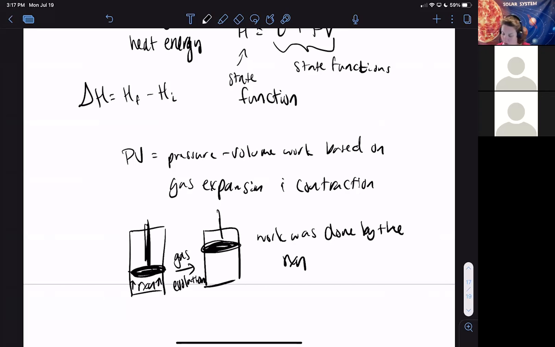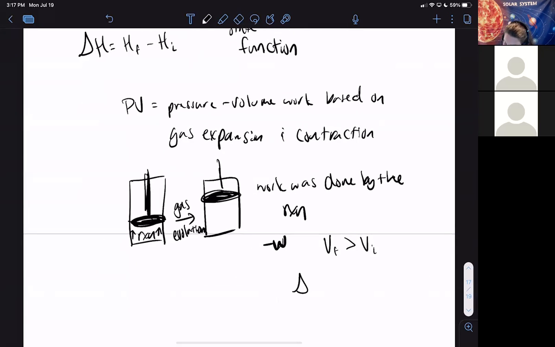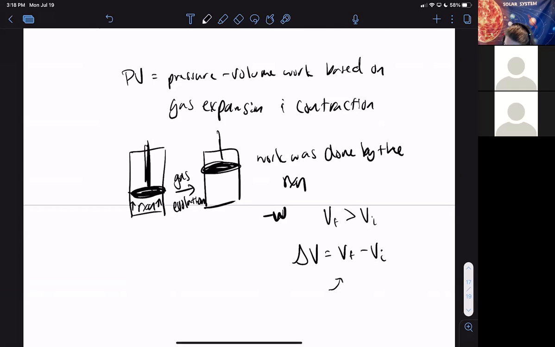Okay? So we would have a negative W in this case. And keep in mind, negative W is coming from the fact that our V final is greater than our V initial. So when we think about our delta V, this is V final minus V initial. So this is going to be, in this case, a positive, right? If we've got an expansion of gas.